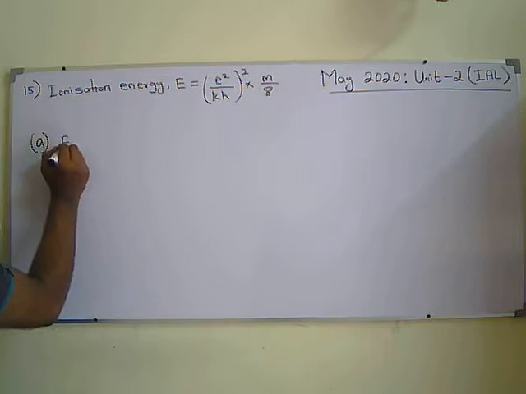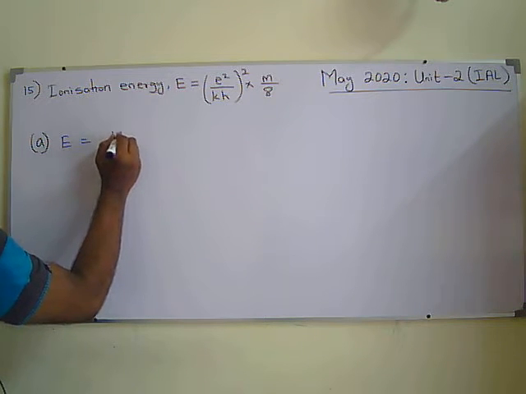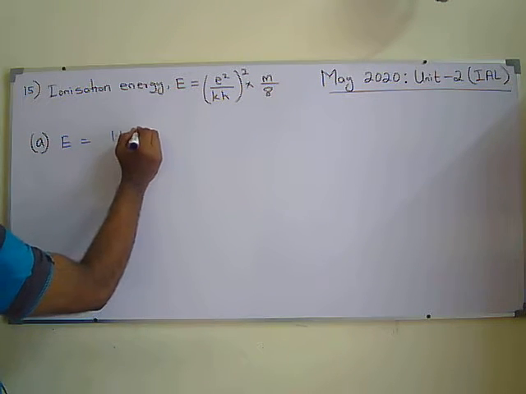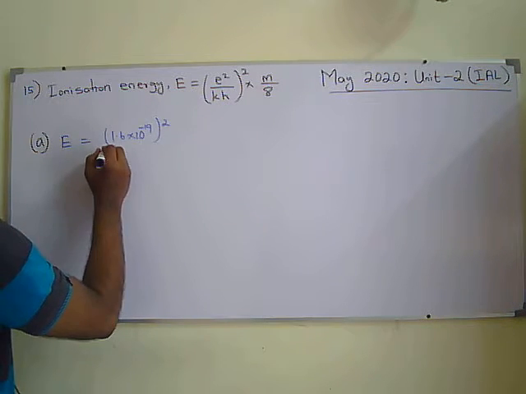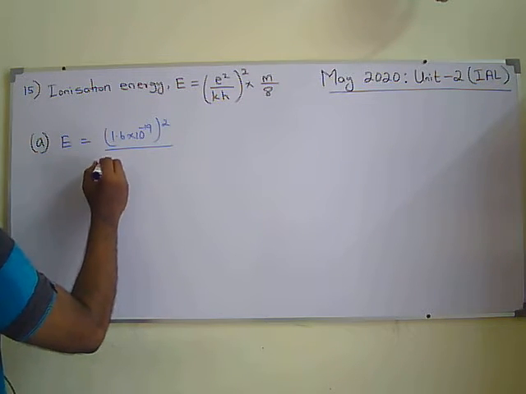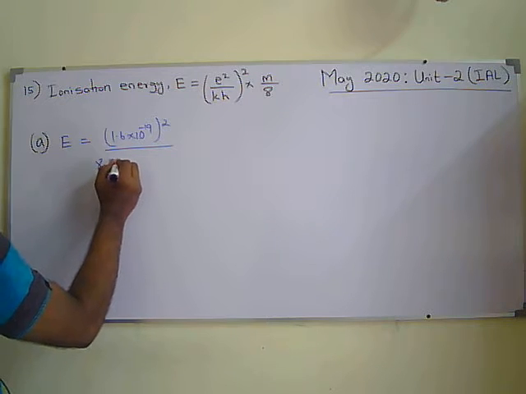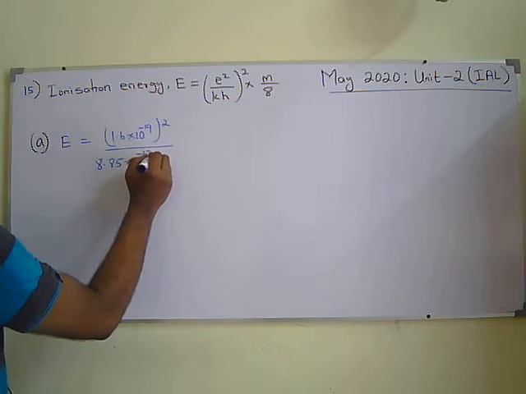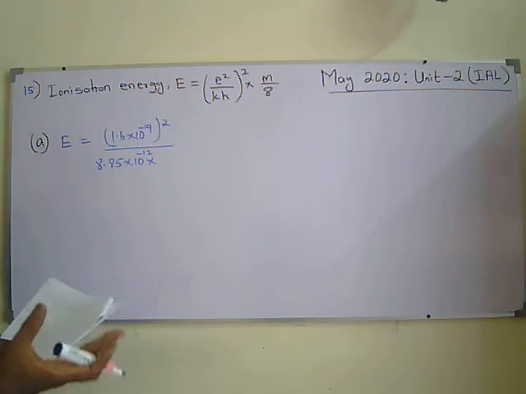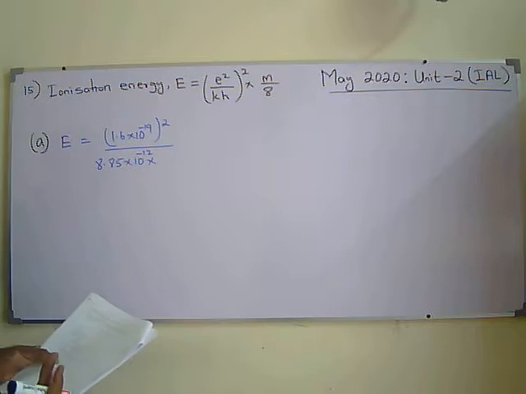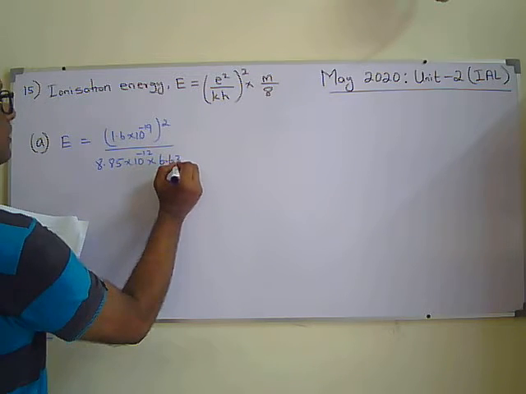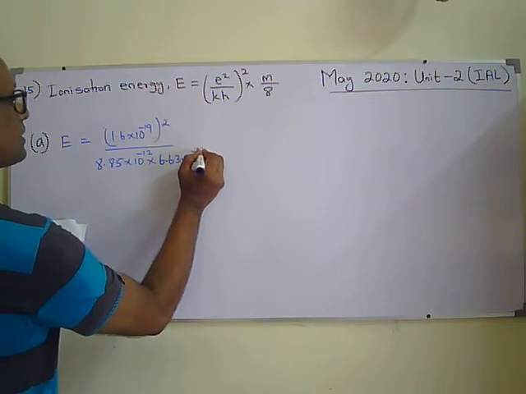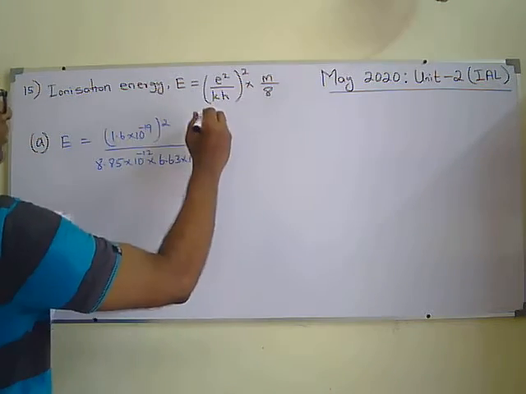So E is equal to the charge of an electron, 1.6 × 10^-19, squared, divided by K, which is given as 8.85 × 10^-12, and h, the Planck constant, you can find from the data sheet, 6.63 × 10^-34, whole squared.